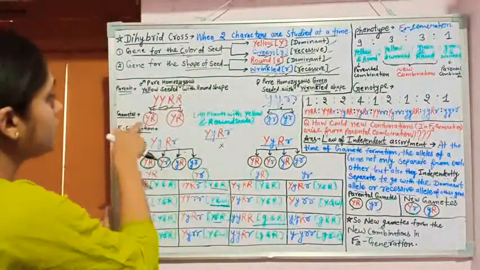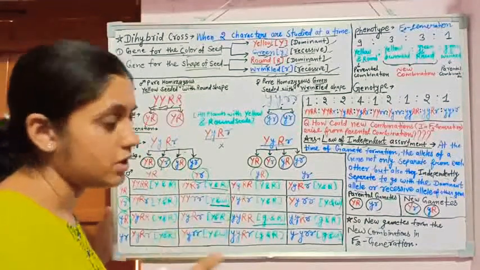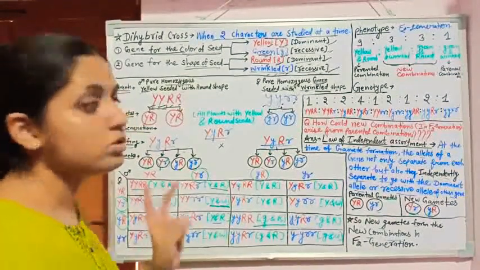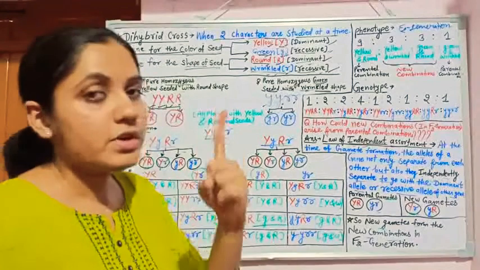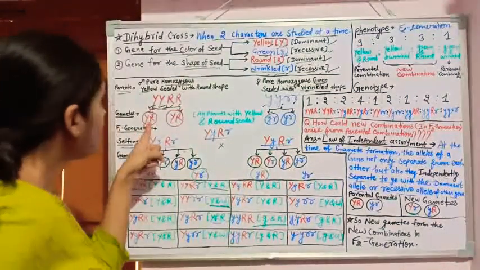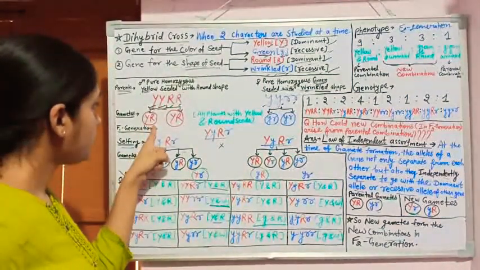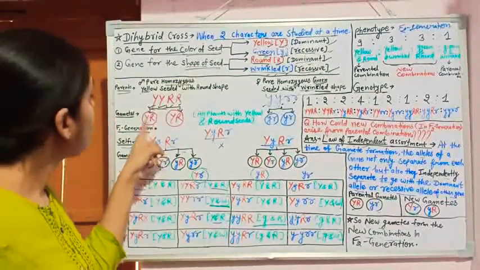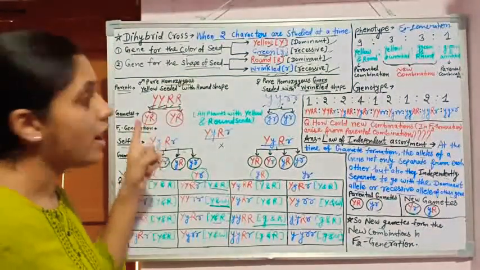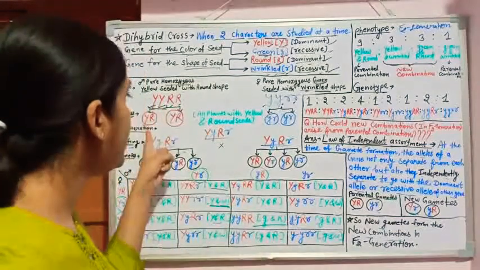Then after this we will form the gametes. In the gamete formation in this cross, two things must be remembered. First, in this gamete both the alleles are of different genes, because this is a dihybrid cross.